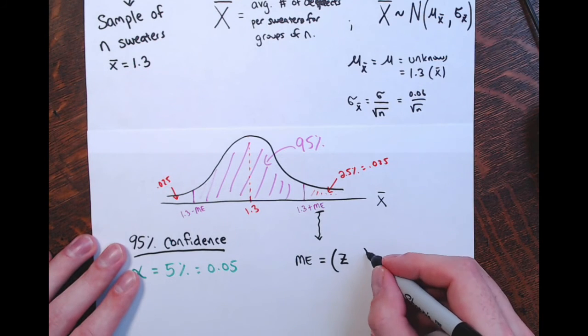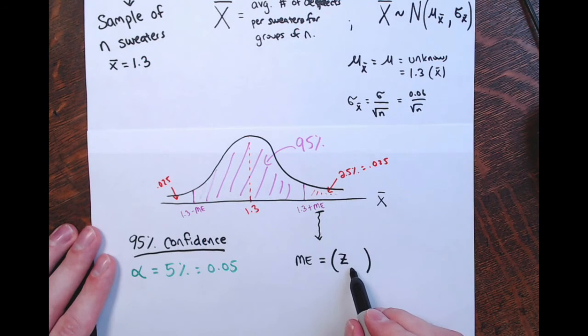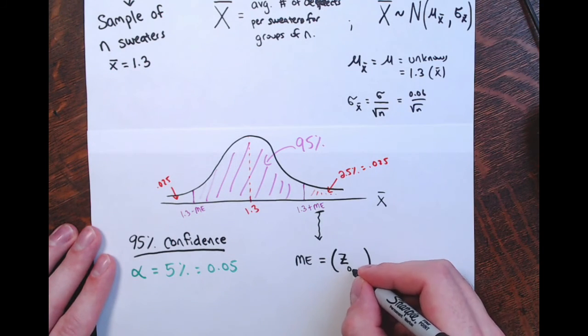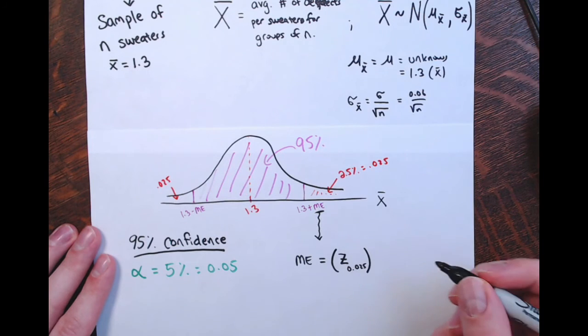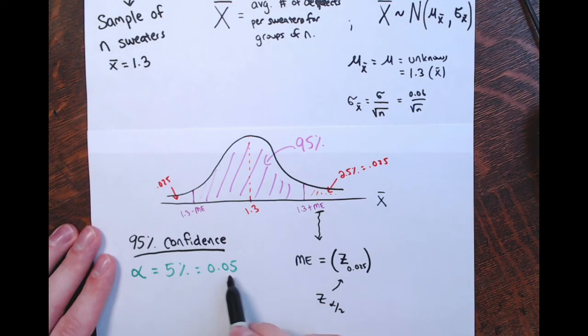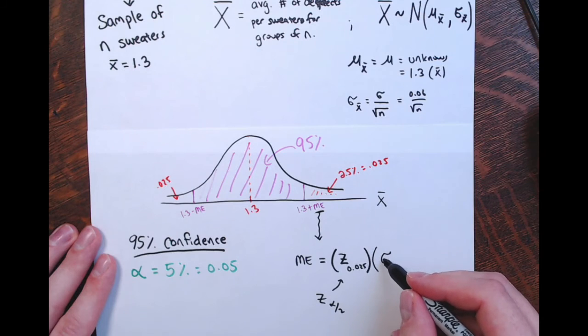It'll be some z-score with a subscript, and that subscript is the area to the right, this half alpha, 0.025. So again, this is z with a subscript of half of alpha, times the standard deviation of the x bars.